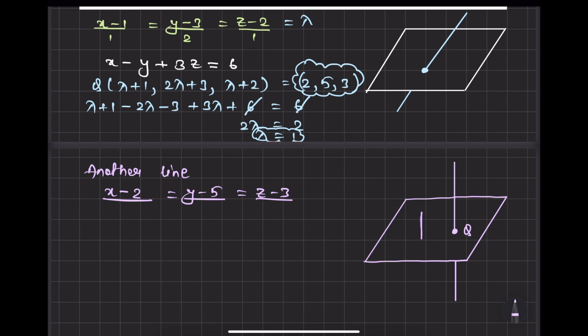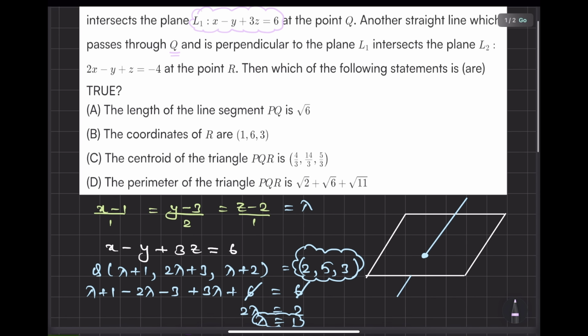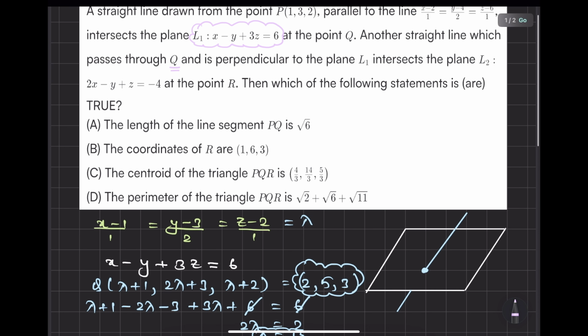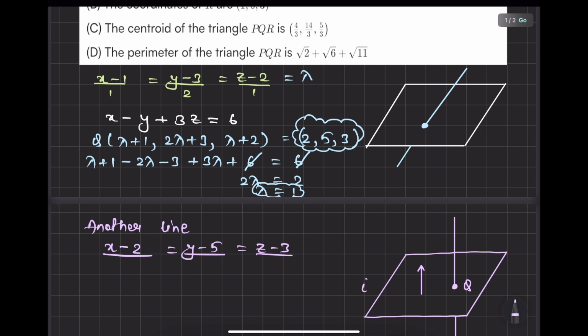You know that if I give you a plane, you guys can comment on a normal vector, and the normal vector is i minus j plus 3k.